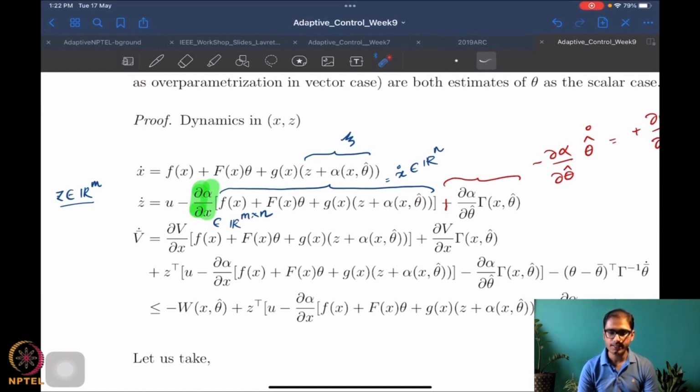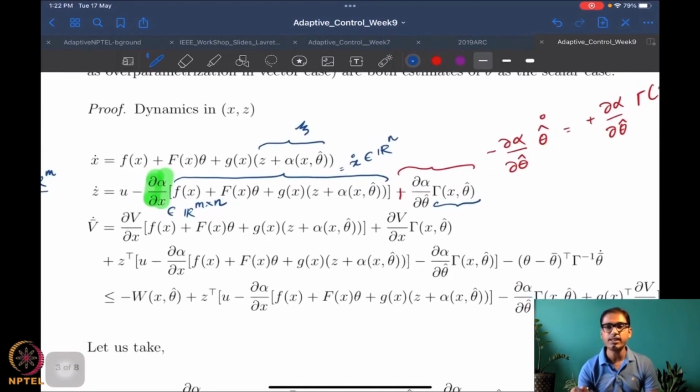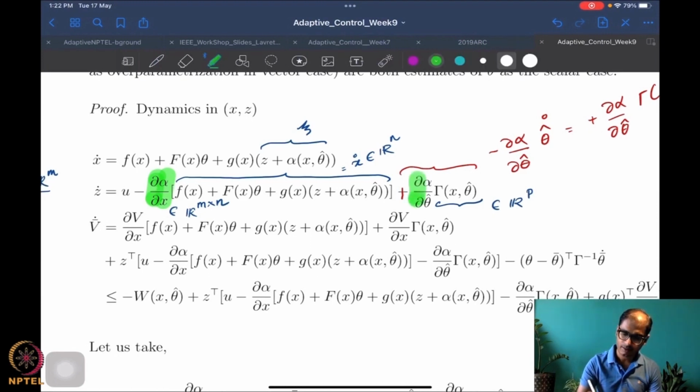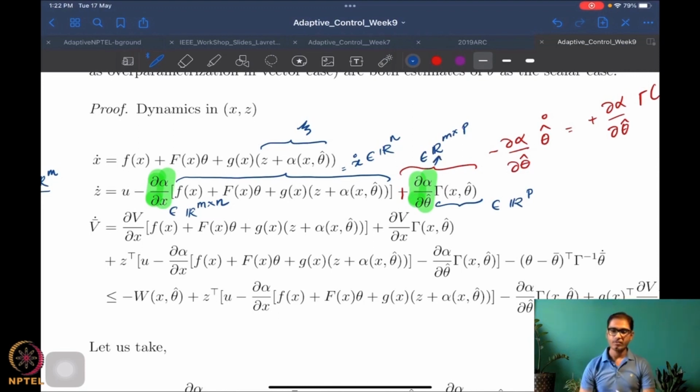Similarly, before we go on, gamma here is from theta tilde dot or theta hat dot, whatever, and theta was in R^p. There are p unknown parameters. Therefore, this guy has to belong to R^(m×p). Okay. So how does this happen?